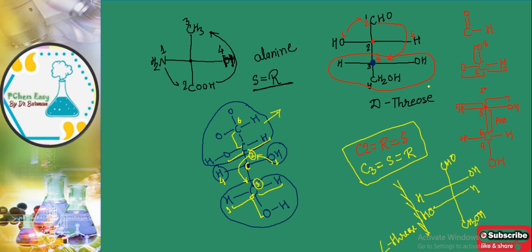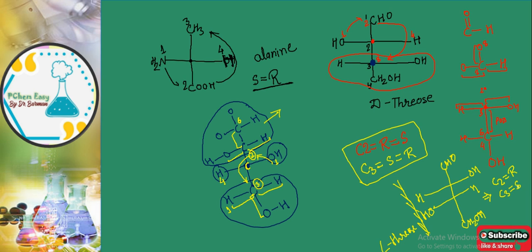Obviously this is the mirror image. So the configuration here is C2 R, C2 S, C3 R. Here you can try, and after applying the rule, you will get that C2 will be R, C3 will be S.